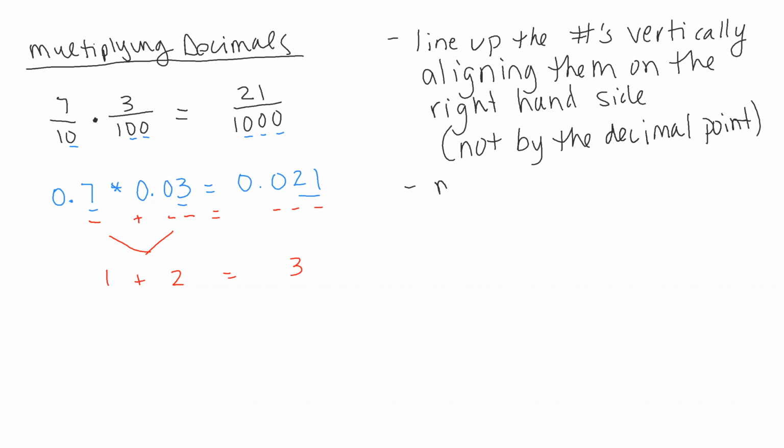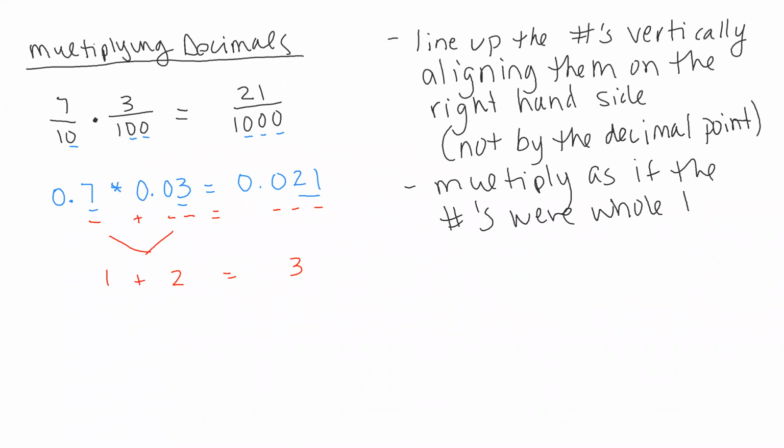And then you multiply like always. Multiply as if the numbers were whole numbers. And then the only weird part is put the decimal in the answer. But where, we ask?